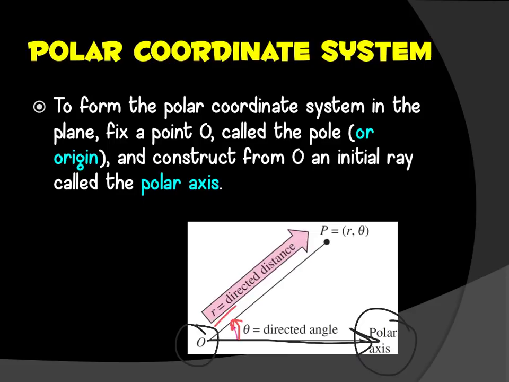So the r is the directed distance, which technically is kind of just like the radius if you had drawn a circle. This time the radius is not always 1. So up to this point when we talked about unit circle, our radius was always 1. Now we're extending that. We're still using theta as in radians around our circle. You can also see polar in degrees, but we'll focus mostly on radians.